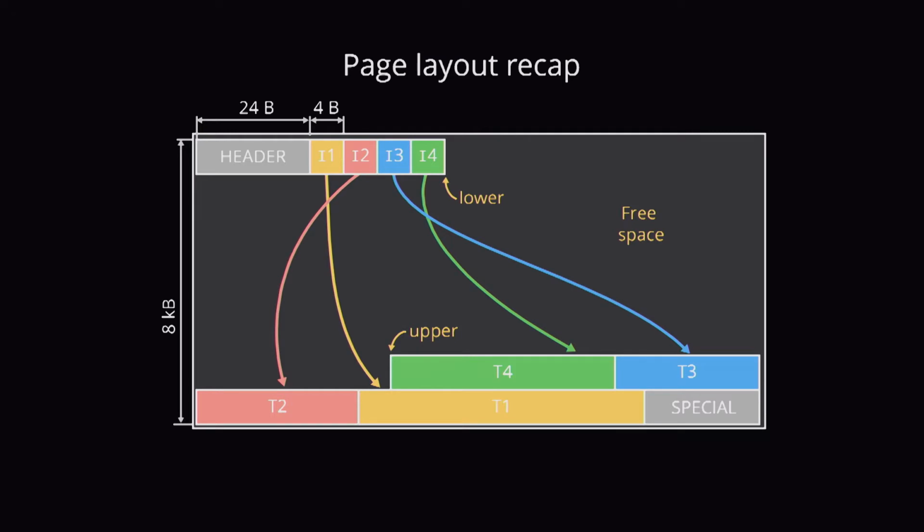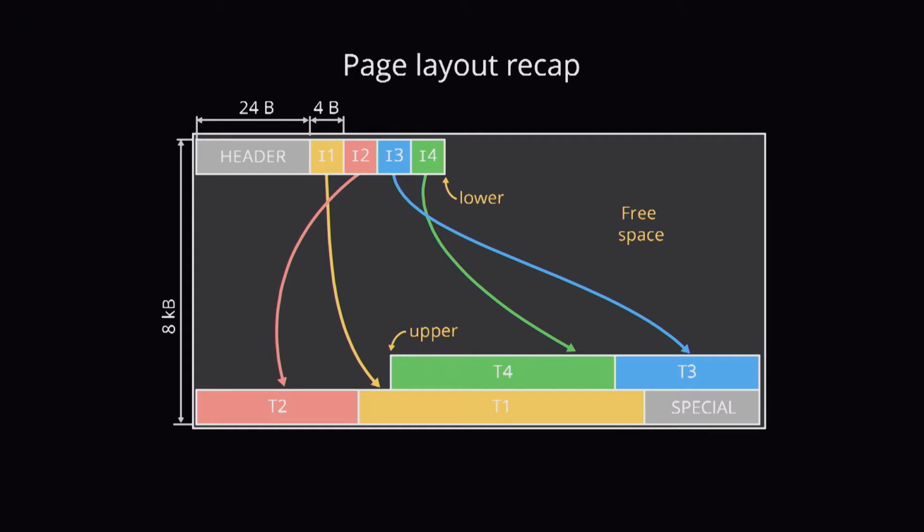Gist page is quite a usual page which is governed by system functions for page access, which we were discussing previously. Here we have item IDs or line pointers, which are 4 bytes each, and they are pointing to the tuples which are located at the end of the page.